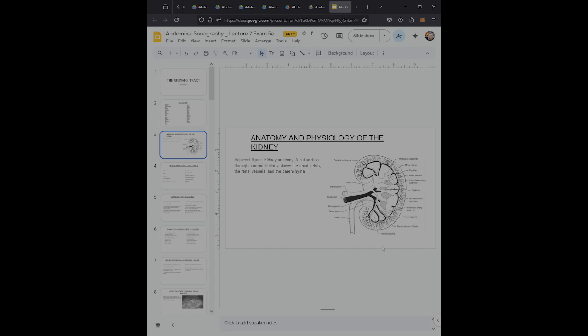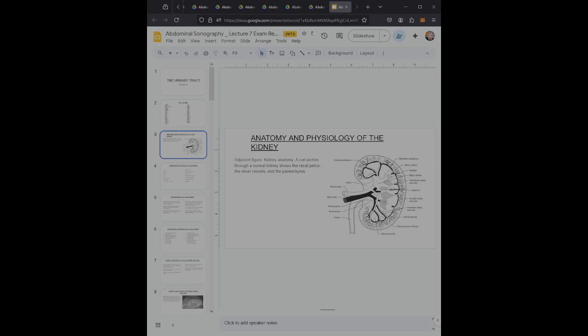The functional unit of the kidney is the nephron, and the nephron begins to function by the 9th week of gestation, but urine production can occur between the 11th and 13th week of gestation.